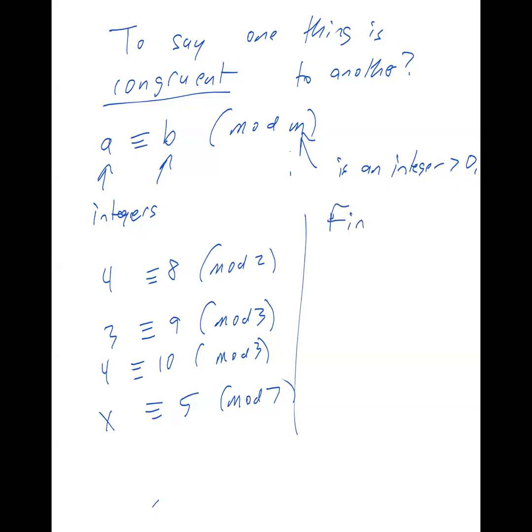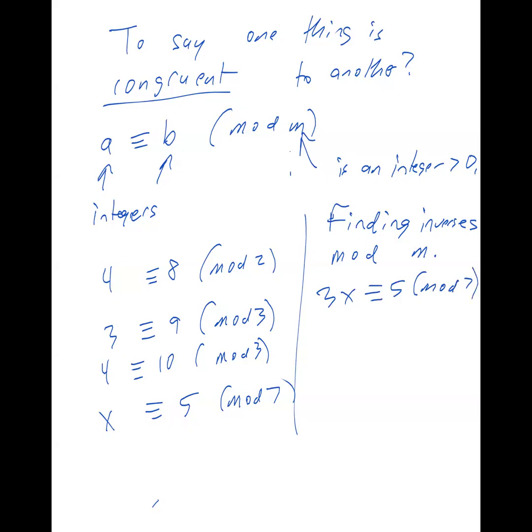So this brings us to our first topic. Finding inverses mod M. So let's just say I had the equation 3x is congruent to 5 mod 7.